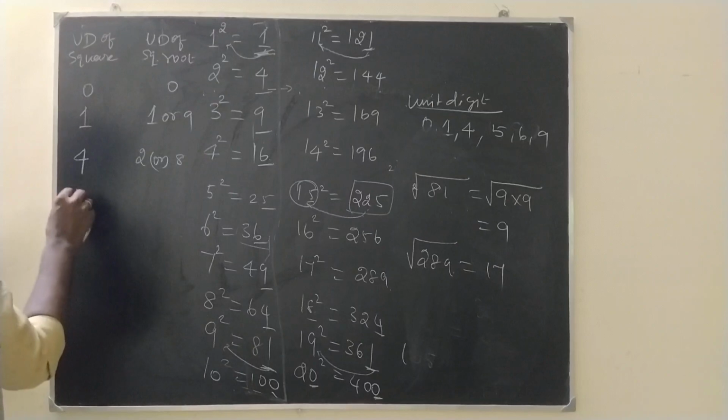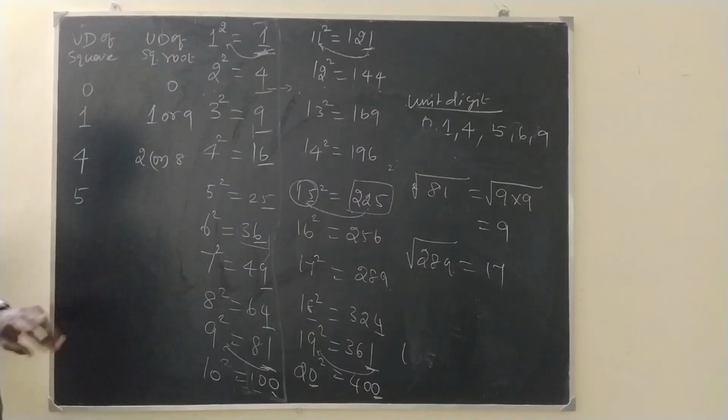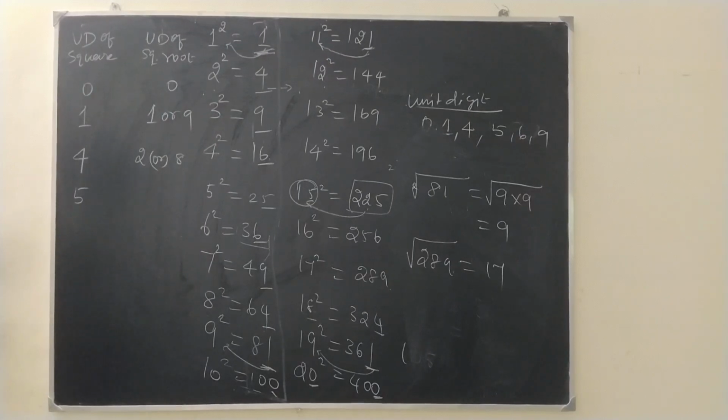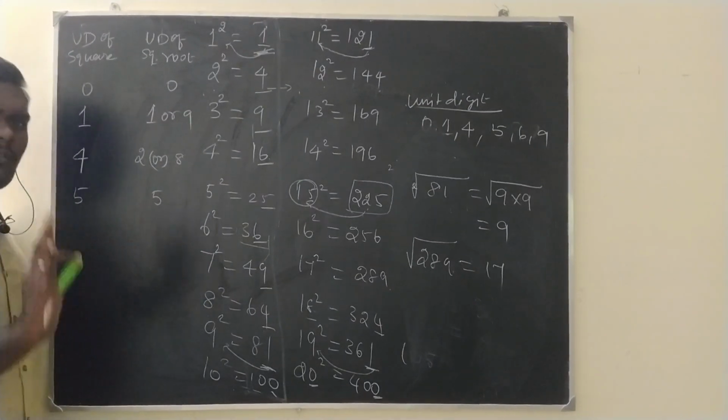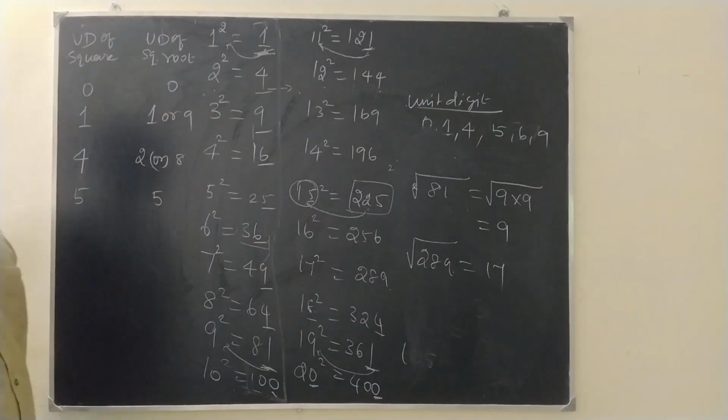If the unit digit is 5, then the unit digit of the square root is 5 alone.